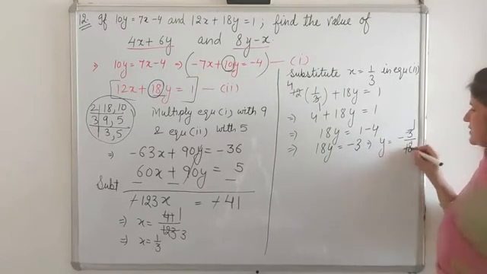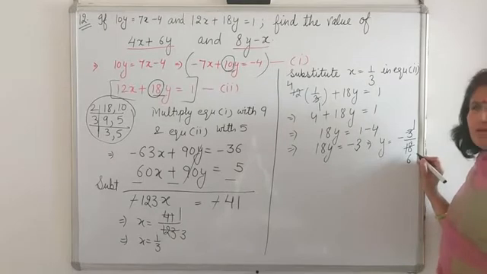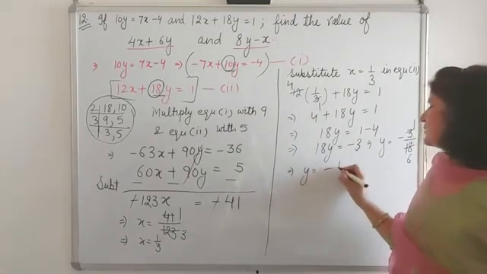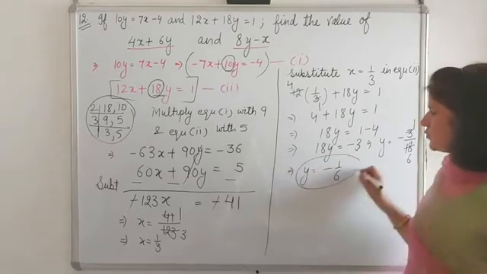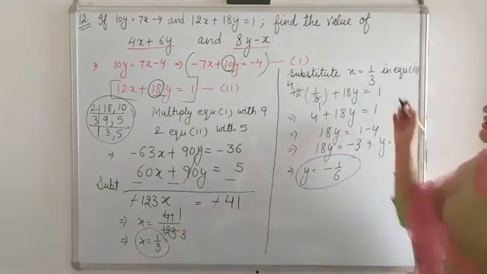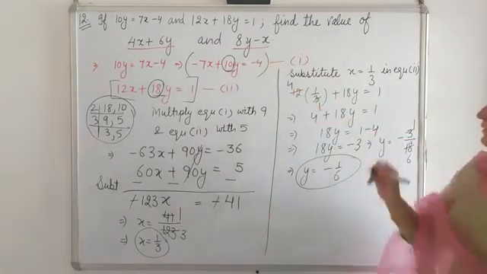Reduce them to lowest terms. Both are divisible by 3. So what is y? Minus 1 over 6. So these two values, x and y. After this you have to find these further values.